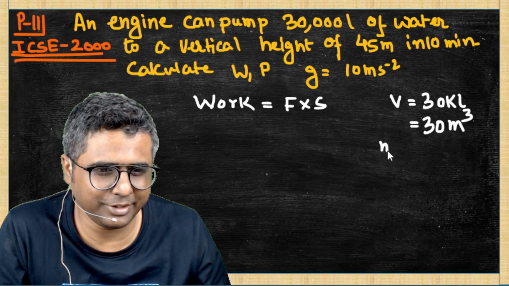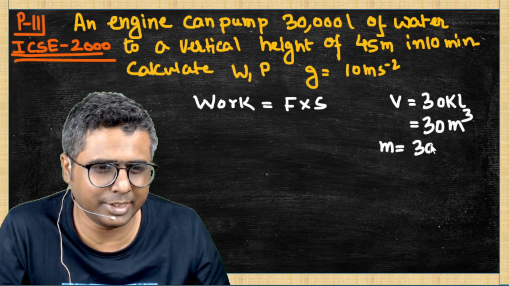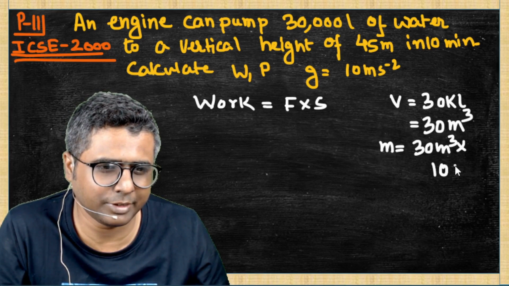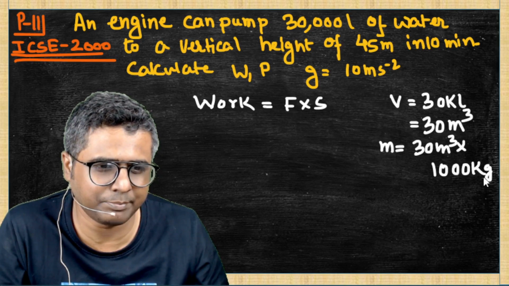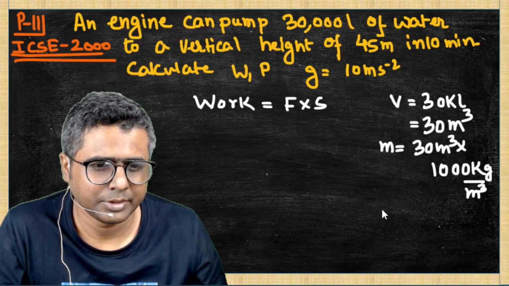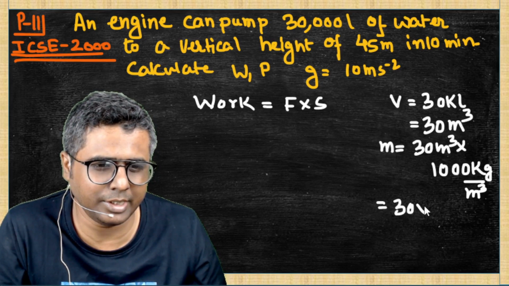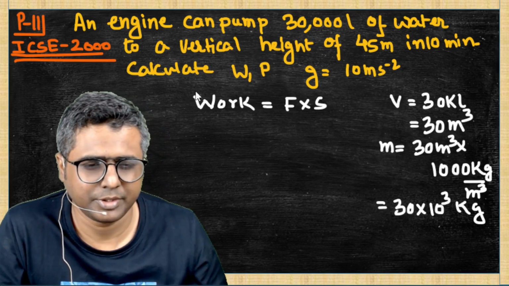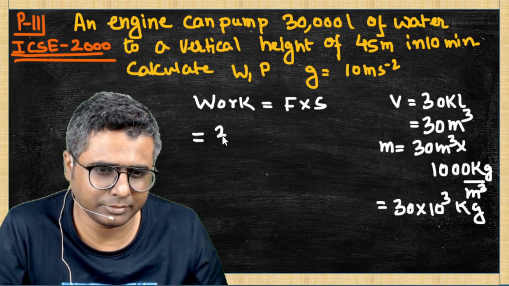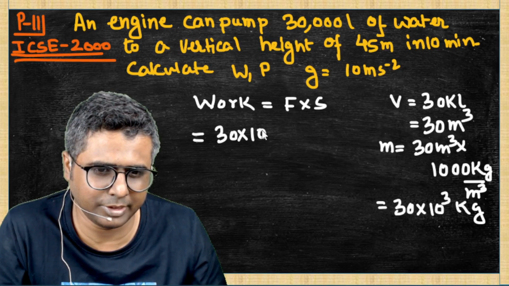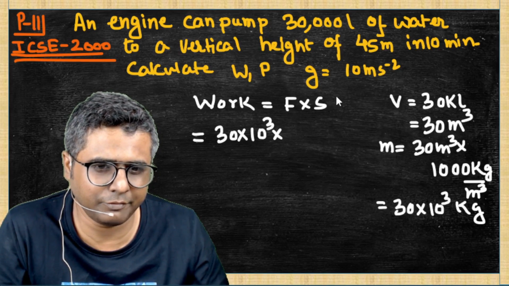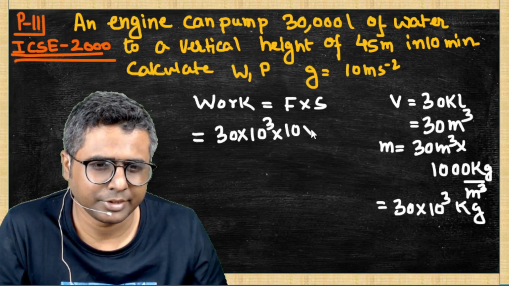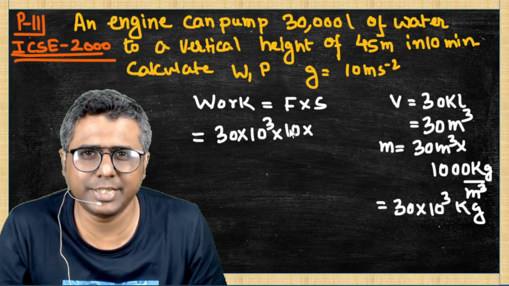Now you can calculate mass: 30 meter cube into the density of water, 1000 kg per meter cube. That means it will be 30 into 10 to the power 3 kg mass. As you know the mass now, you can easily calculate the force because the value of g is 10. So this much is very easy.